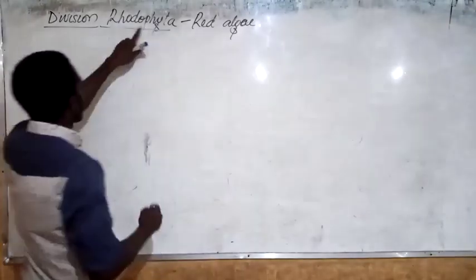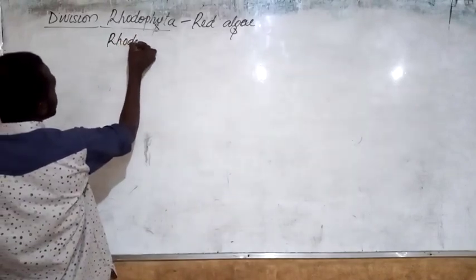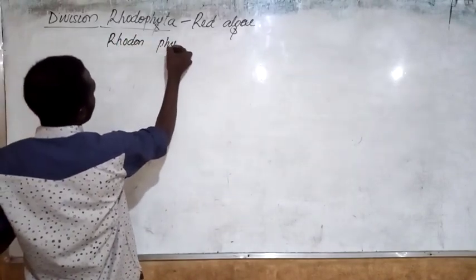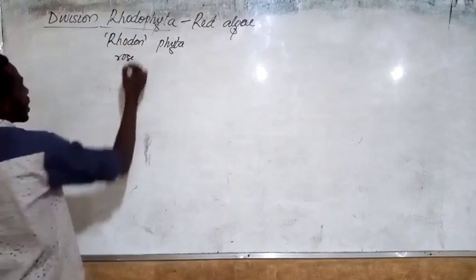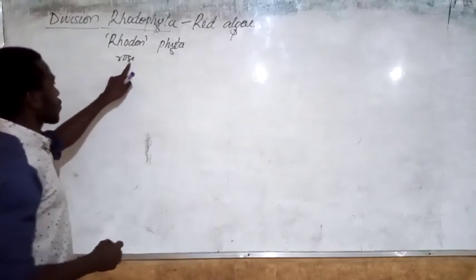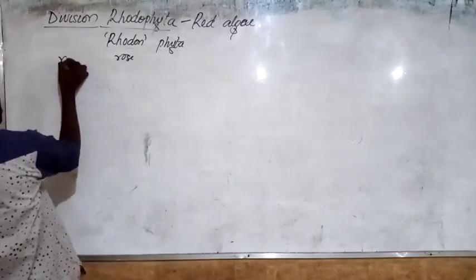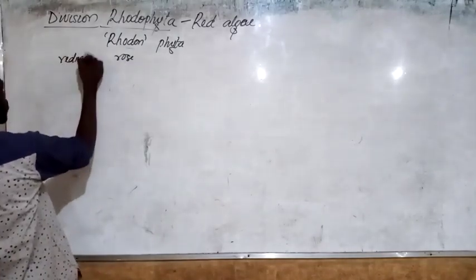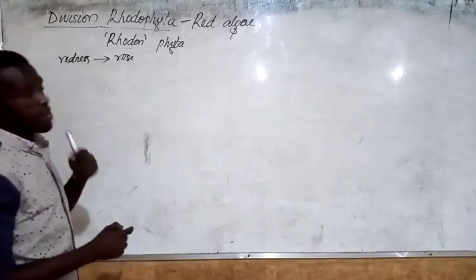Alright, the word Rhodophyta is gotten from two Greek words which are rhodon and phyta. Rhodon in Greek means rose, the rose flower. You know that the very peculiar thing about rose is its redness. So because the Rhodophyta possess red color, they are named after the rose flower.